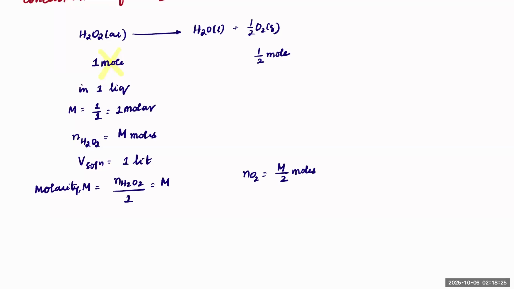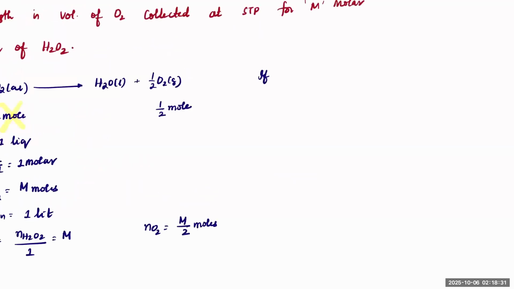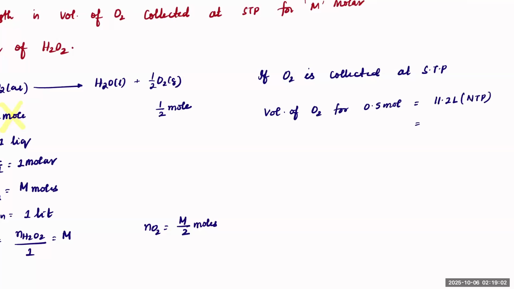Correct. So in that case, can I say that if O2 is collected at STP, then we can say volume of O2 for half a mole, for 0.5 moles, will be equal to how much? 11.2 liters if it is NTP, and 11.35 liters if it is STP.